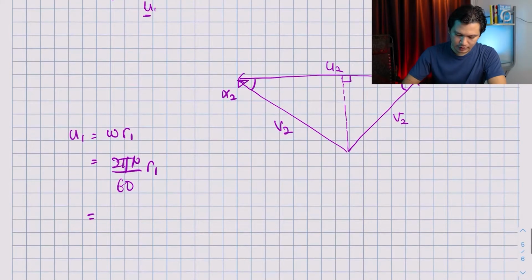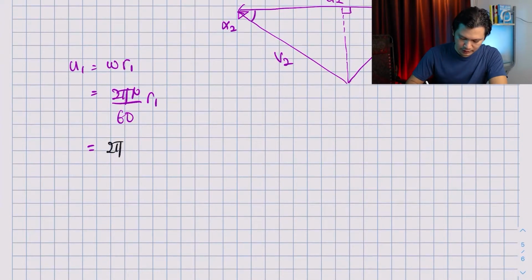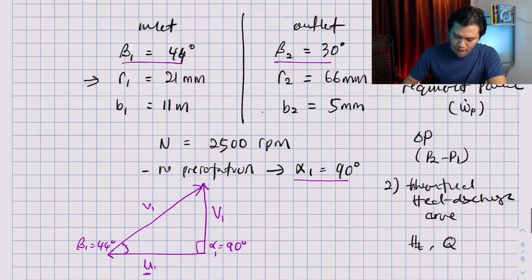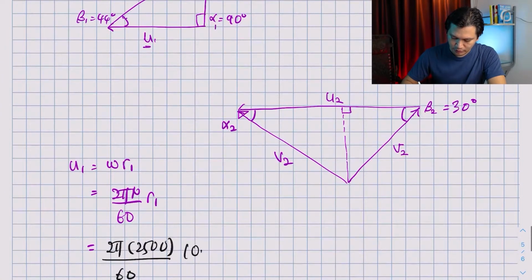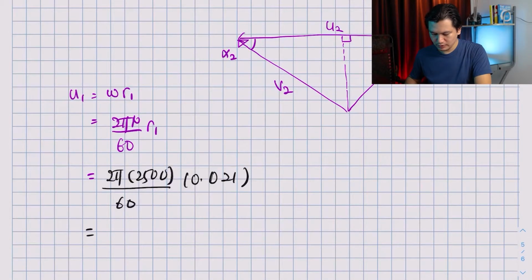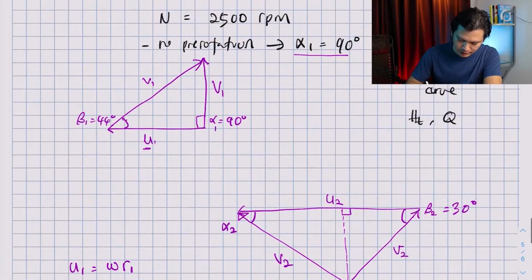Now n is 2500, so this is 2 pi 2500 divided by 60 times R1, and R1 is 21 millimeter, so this is 0.021. This is equal to 5.5 meter per second. So I'm going to label it here. This is 5.5 meter per second.